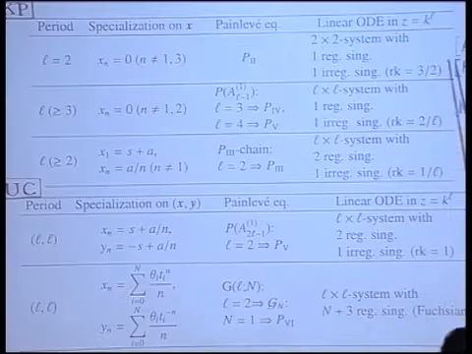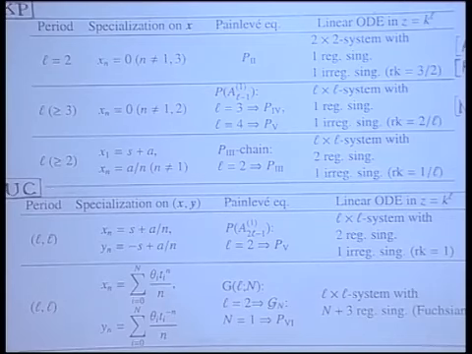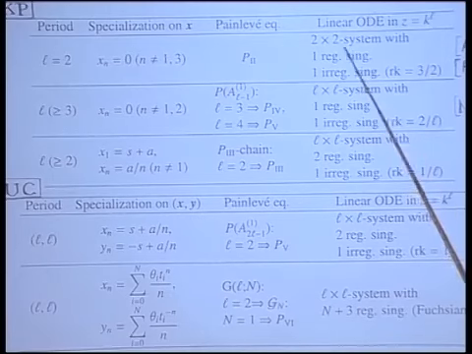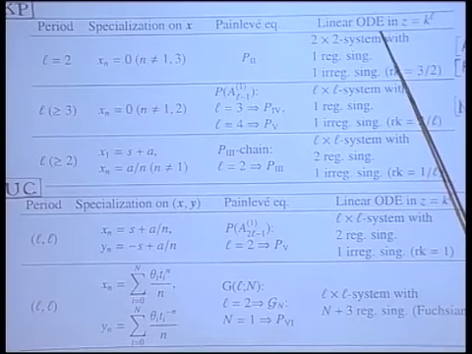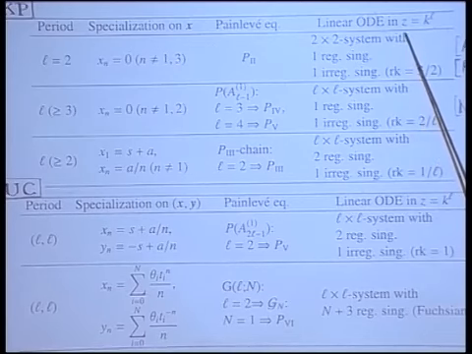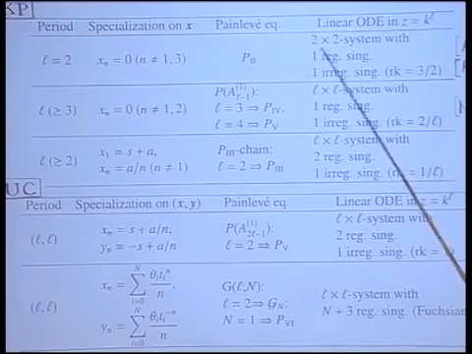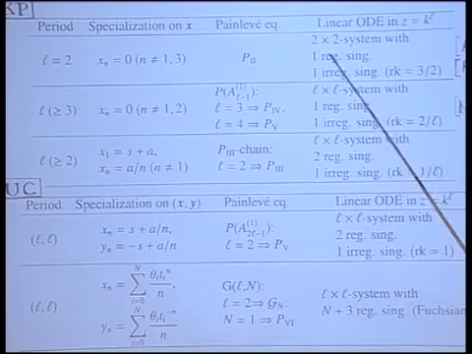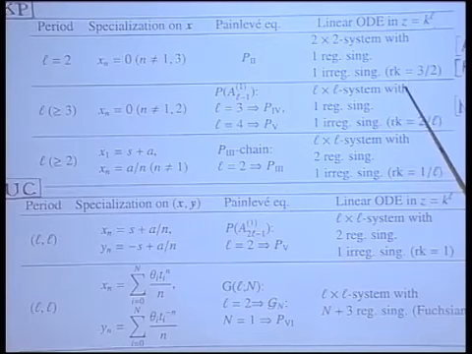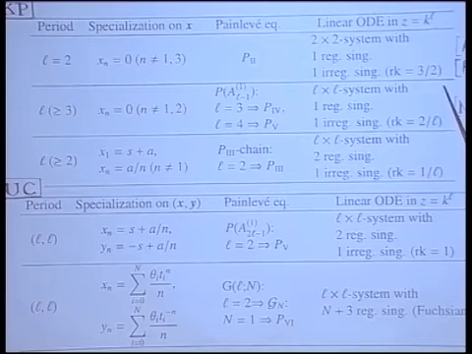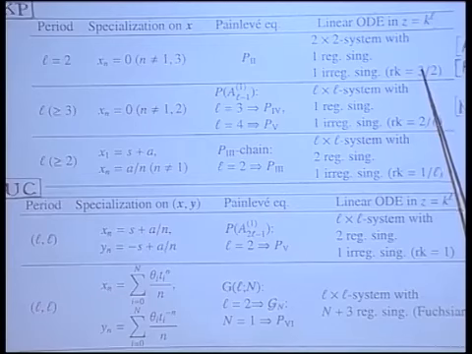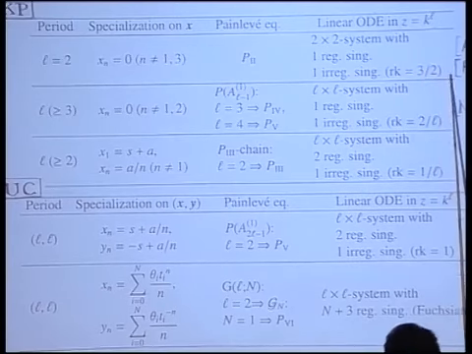It is very well known from Ablowitz-Segur and Flaschka-Newell's work. And here is the corresponding Lax equation in the spectral variable. This is a 2 by 2 system with one regular singularity and one irregular singularity with Poincaré rank 3 over 2.